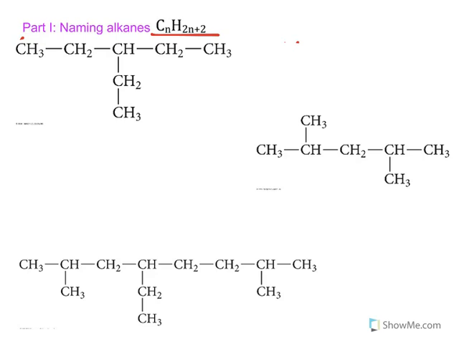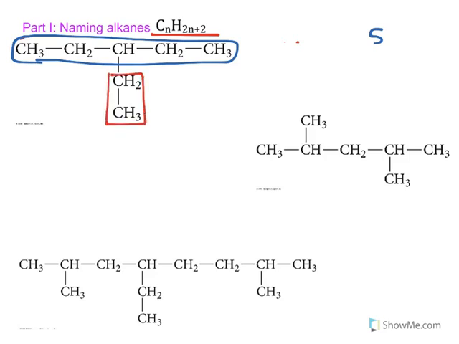Step number 1, identify the longest carbon chain, that is called the parent chain. This is the longest carbon chain, made up of 5 carbons. Second, identify all the substituents, the groups appending from the parent chain. As you can see over here, we have only one substituent on this parent chain.